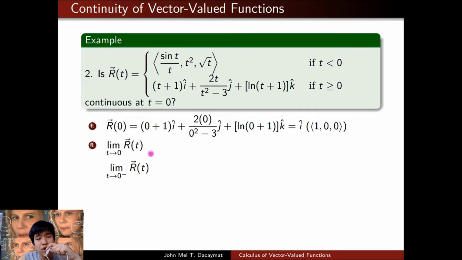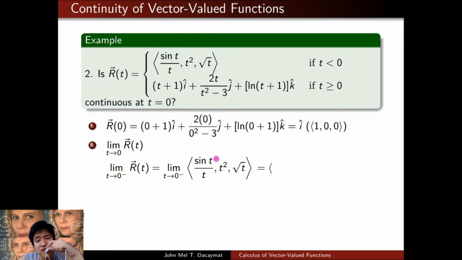So first, let's take the limit from the left. For that we will use the one corresponding to t less than 0. Let's take its limit.